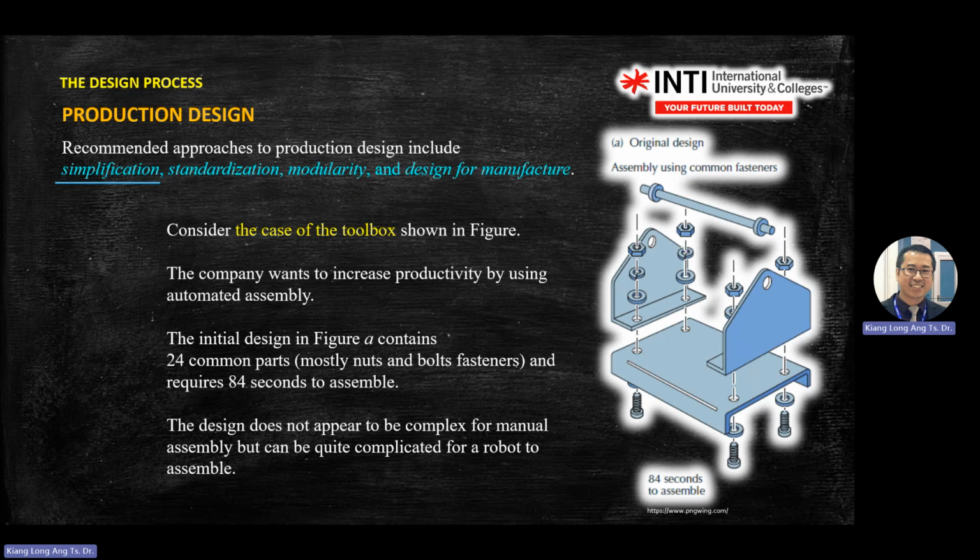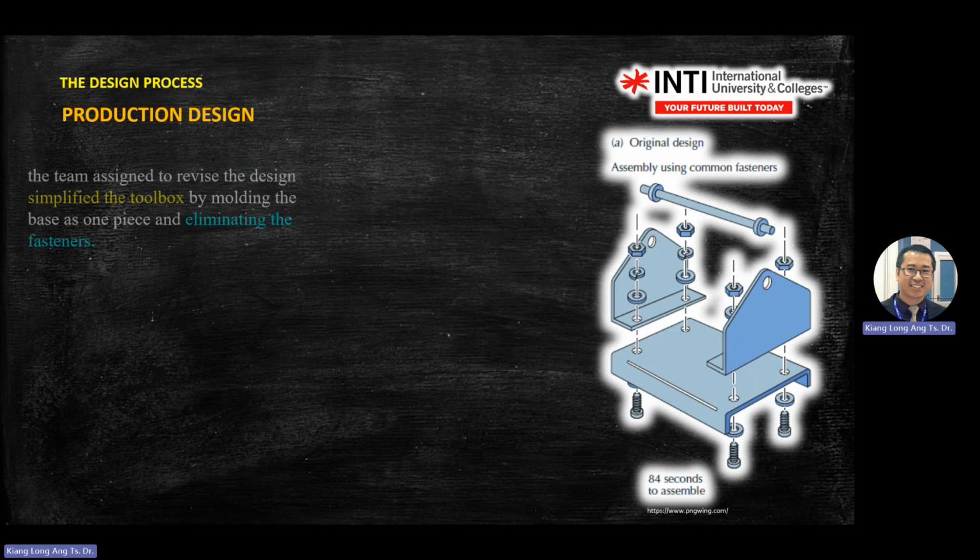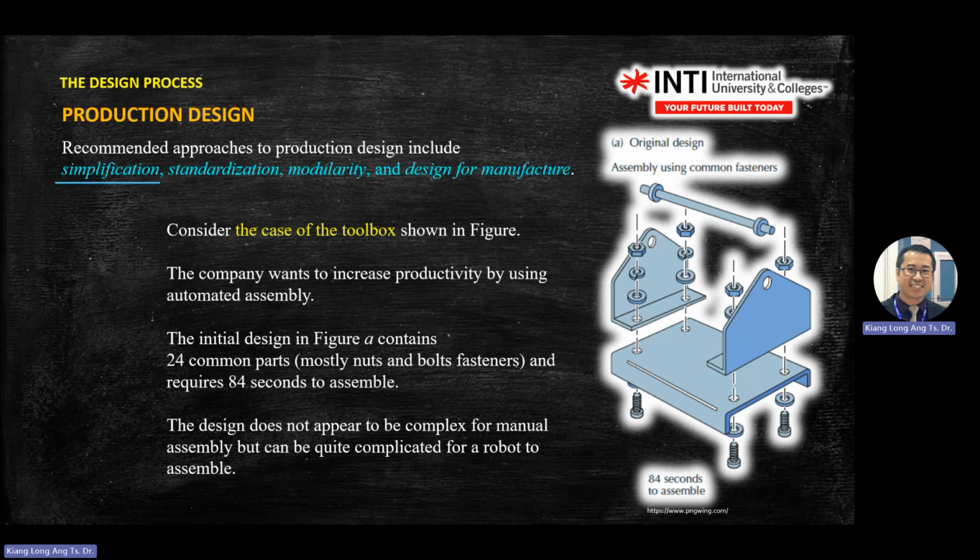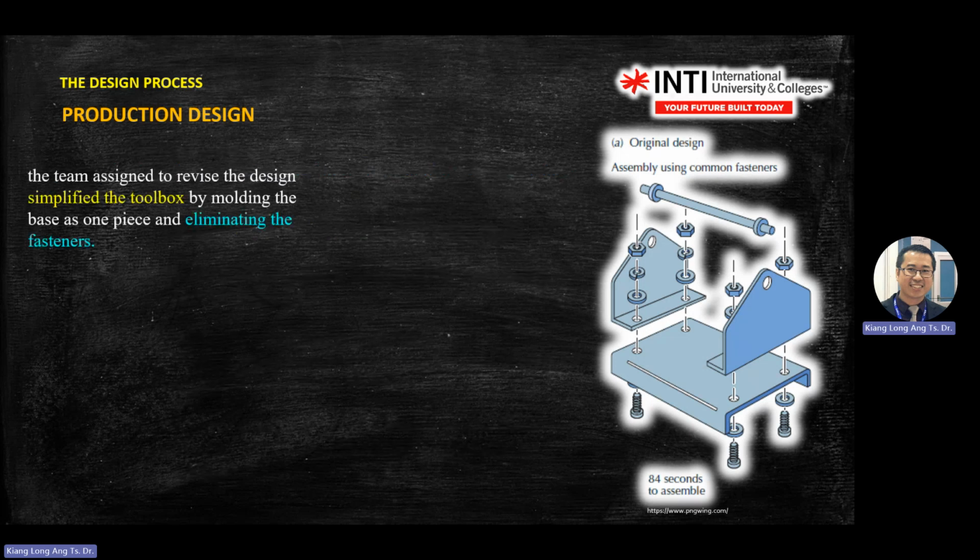So we go back to this example. How do you further simplify? If you are engineers, how do you simplify this design? What will you do? The first thing is to simplify by eliminating the fasteners. Let's say the chief engineer tells you, now we have this original design and we want to eliminate the fasteners.